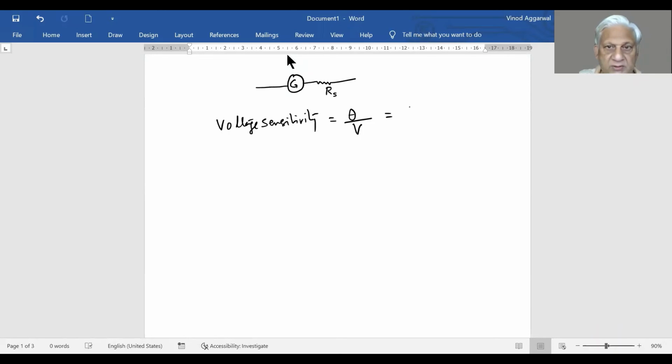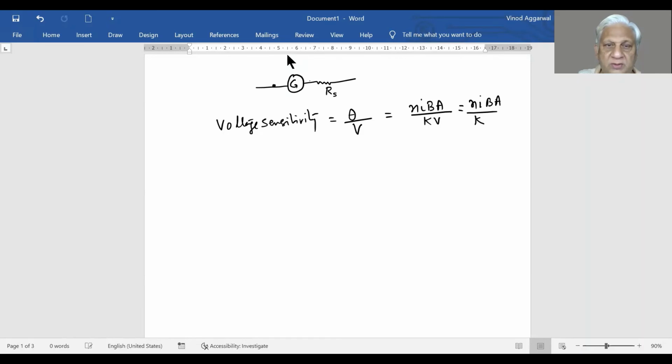Theta we have already seen, and V is the total voltage.